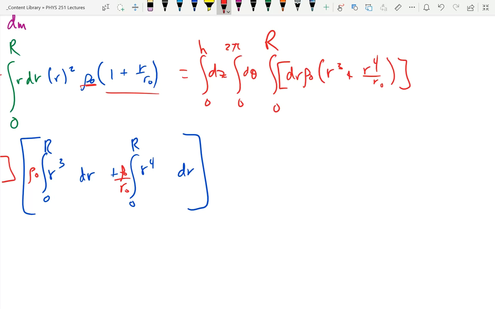So now the rho 0 can obviously come through because it's a constant. I have two integrals, one that has an r cubed dr, one that has an r to the 4th dr. And so that's why down below I broke it up into the two separate integrals, one for the first term that has an r cubed, one for the second term that has an r to the 4th.